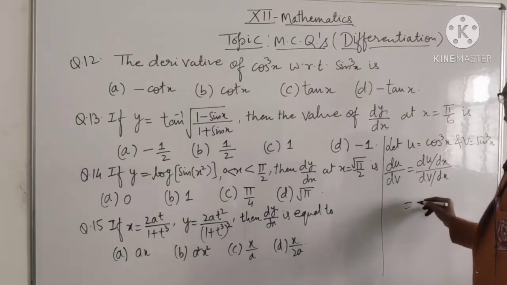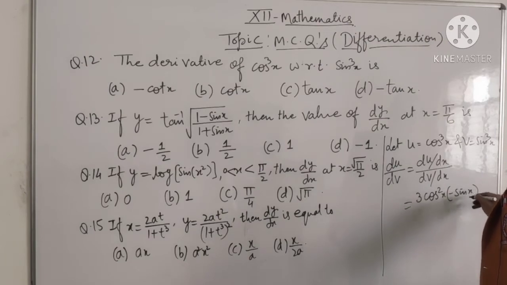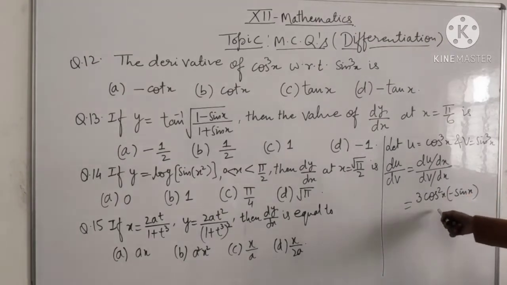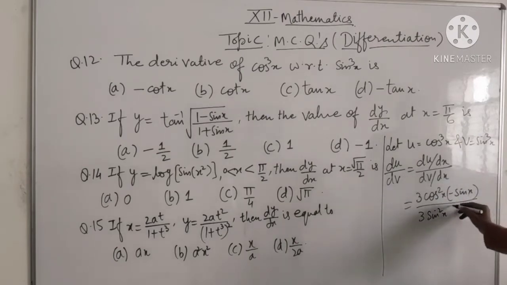So it is 3 cos square x into minus sin x upon 3 sin square x into cos x. So 3 cancels, one cos x cancels, and then sin x remains.